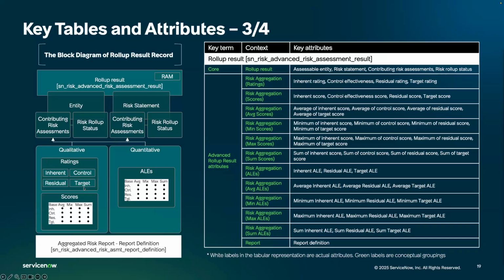And below that, scores with 5 aggregation options: base, average, minimum, maximum, and sum.